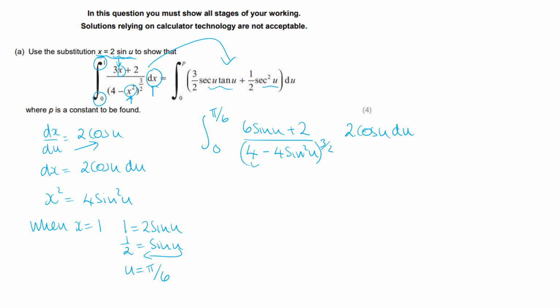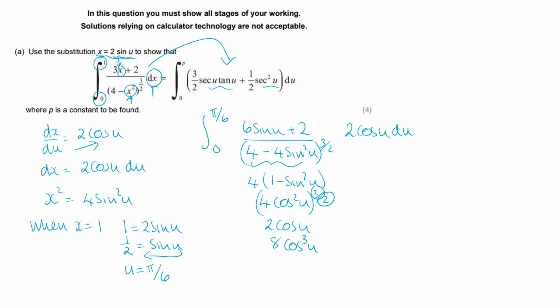Now we can see on the denominator here, if we just take 4 out, this will be 1 minus sine squared u, and 1 minus sine squared is cos squared, so it's actually going to be 4 cos squared u, but that is all raised to the 3 over 2. So taking the square root, dealing with the index half underneath, that will be 2 cos u, but then raising it to the power 3, it's going to be 8 cos cubed u.